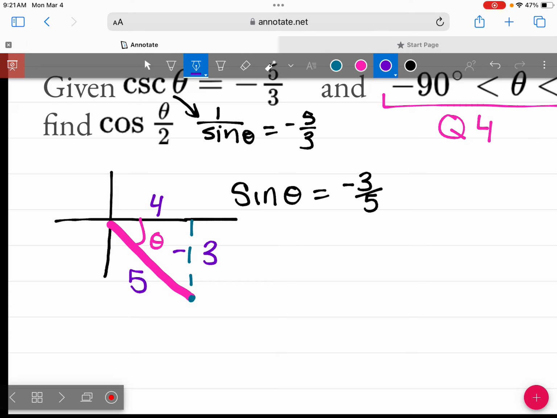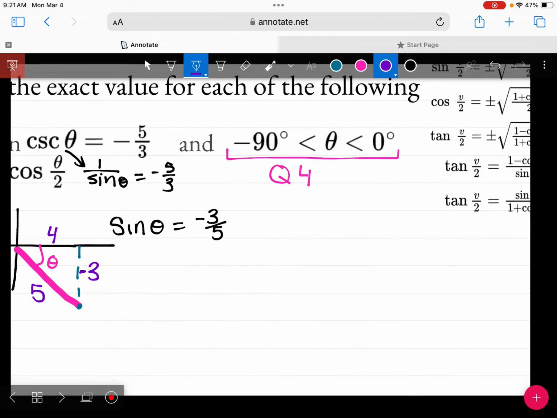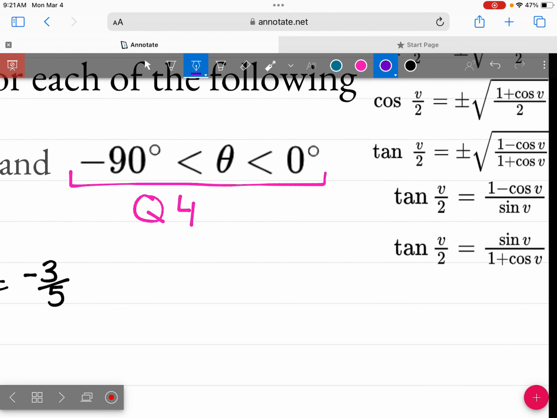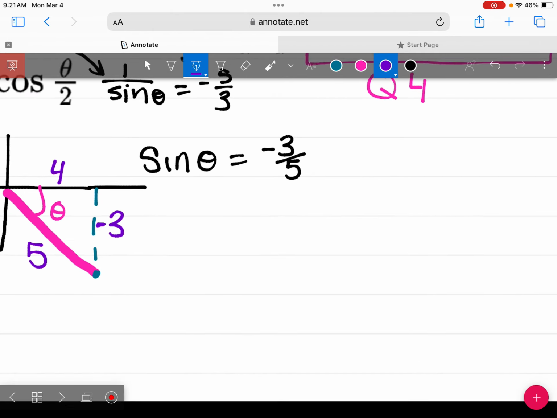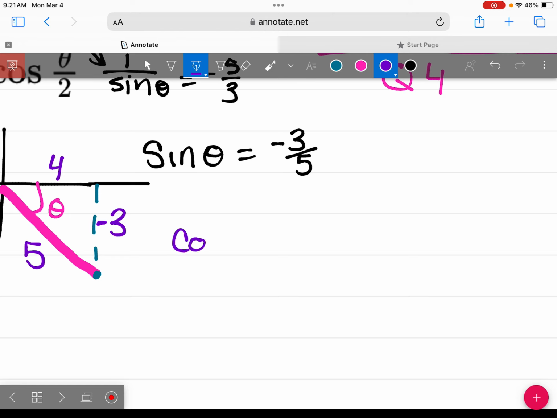So it's -3. I don't know why it's on the opposite side of my line. There we go. So when we're going to find cosine of our half angle, we need to know cosine of the whole angle. So what is our cosine of theta?